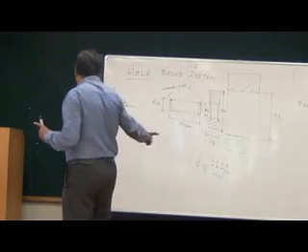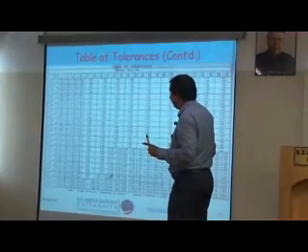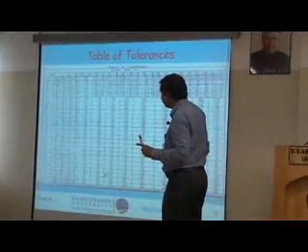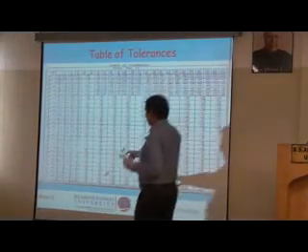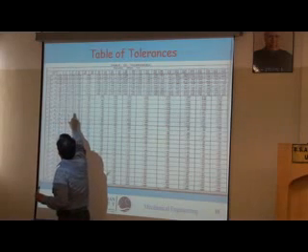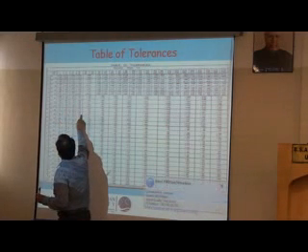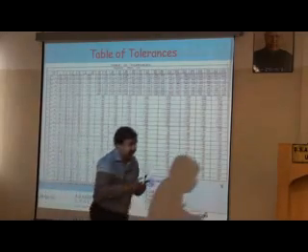Now coming to the shaft. Shaft is E7. Can you please go back, sir? We'll get E7. E7 is here. And if you come to 16, minus 32, minus 50.